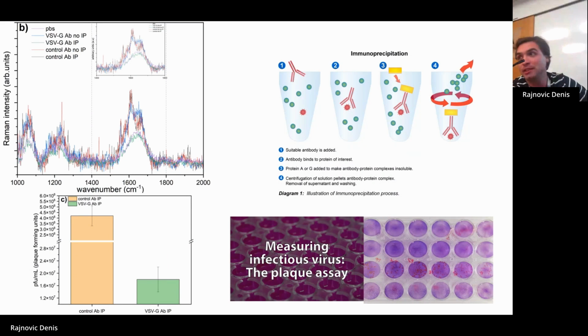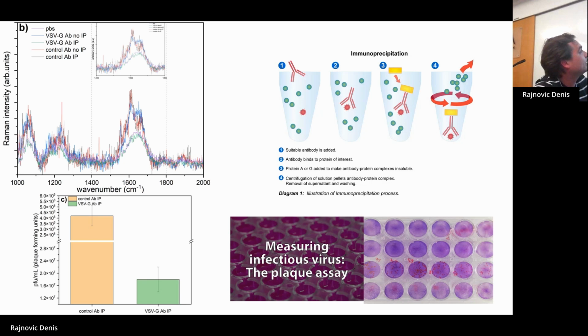I immunoprecipitated the virus with an antibody specific to the VSV-G glycoprotein. Once I successfully immunoprecipitated, the spectrum resembles that of the PBS.